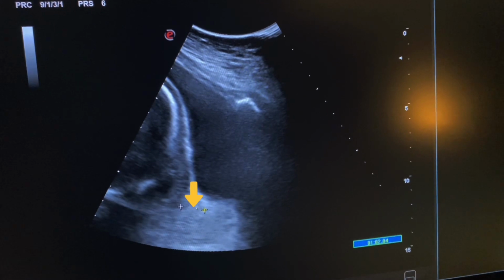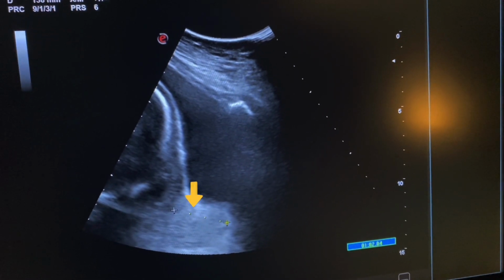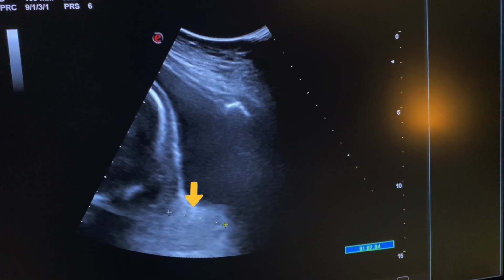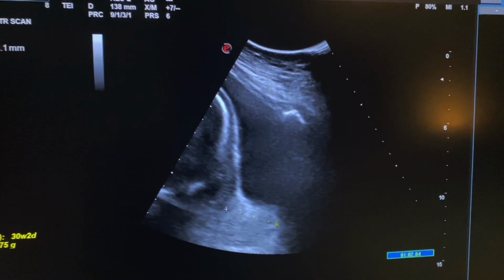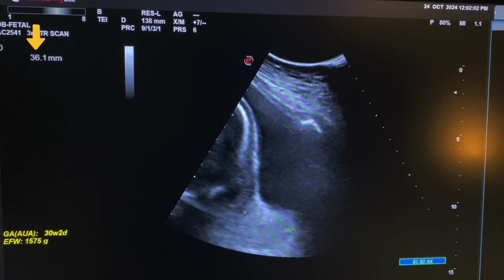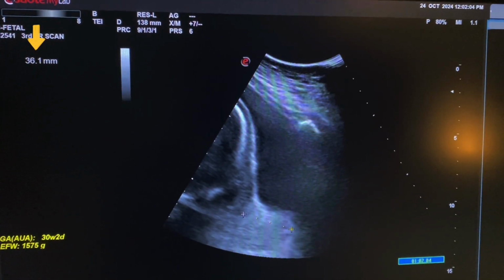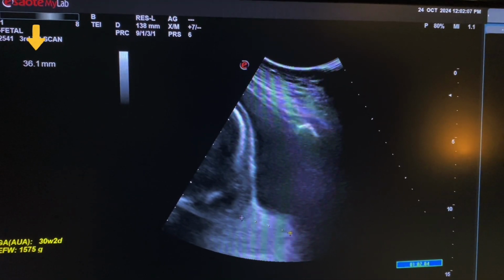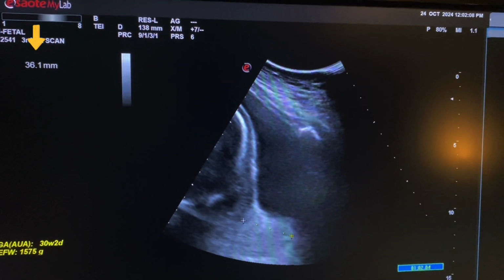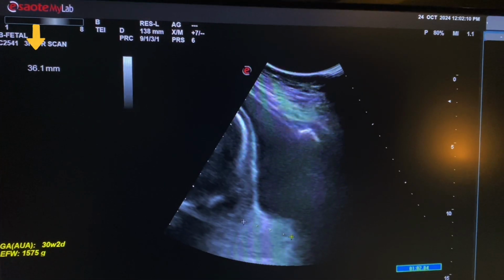Now we will measure the length of the cervix. The length of the cervix is 36 millimeter or 3.6 centimeter, which is normal.